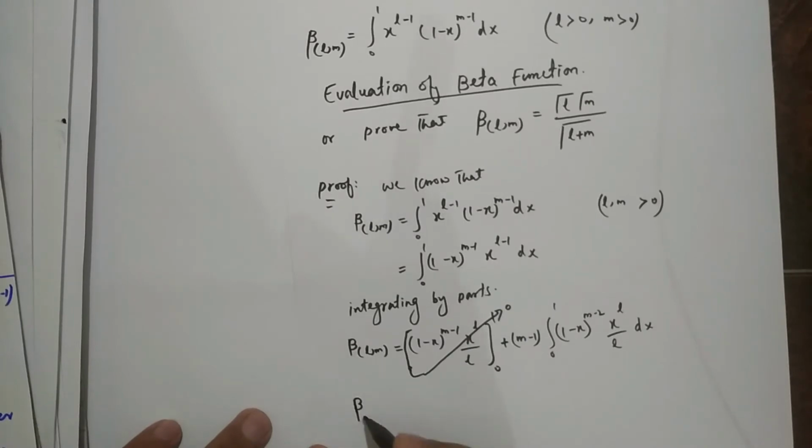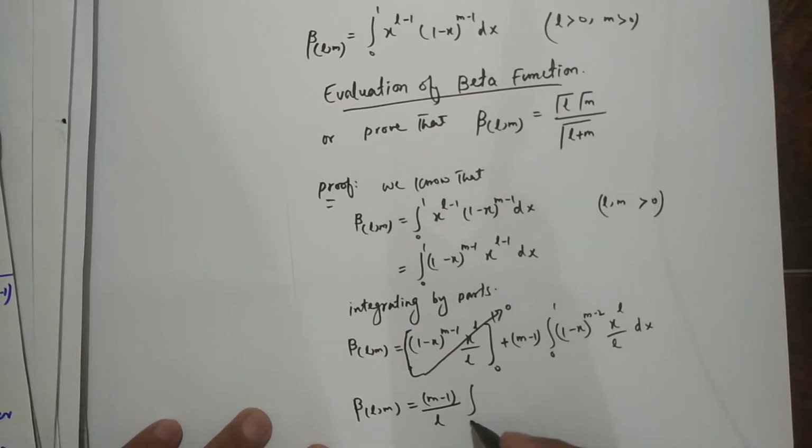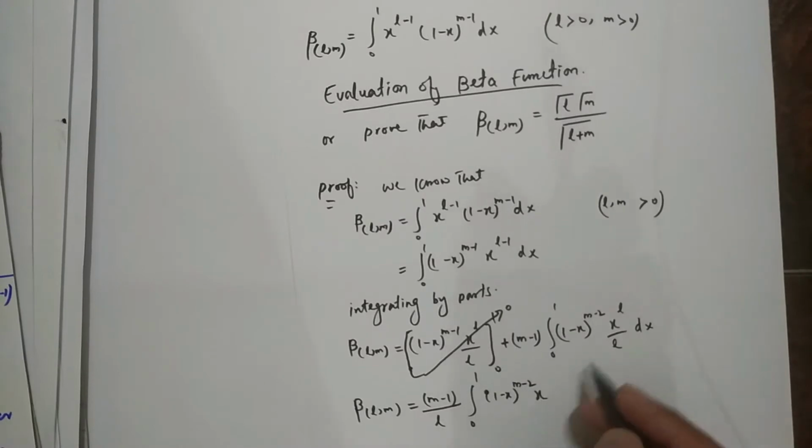Then beta(L, M) is equal to m minus 1 upon L, bringing this L out of the integral, the integral from 0 to 1 of (1 minus x) to the power m minus 2 and x to the power L into dx.